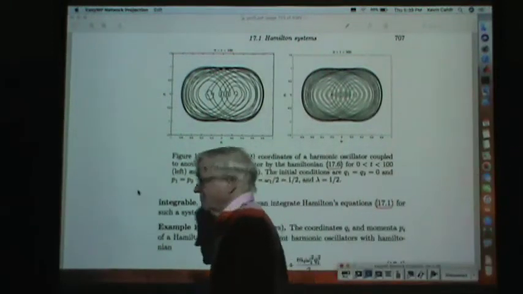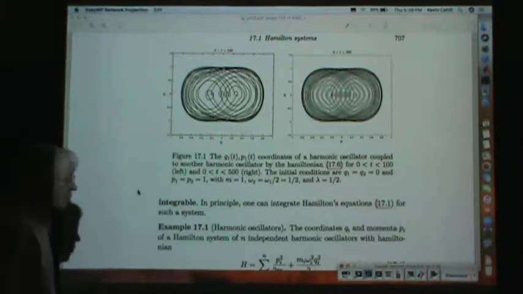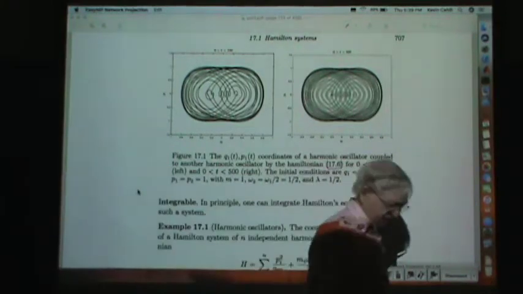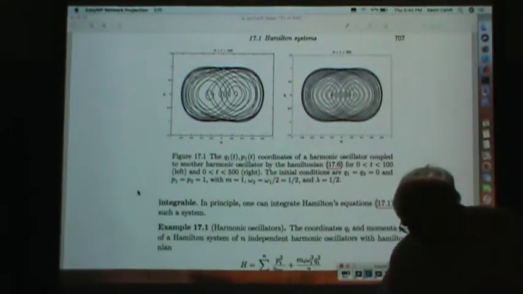So if you imagine that you have planets moving around the sun and the planets don't interact with each other, well, then you have a system that's Liouville integrable. Another example is harmonic oscillators.